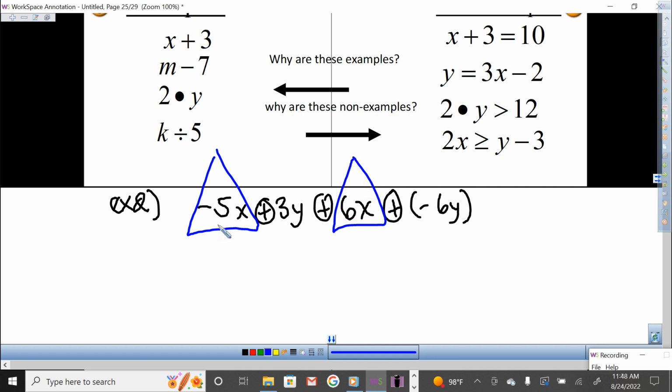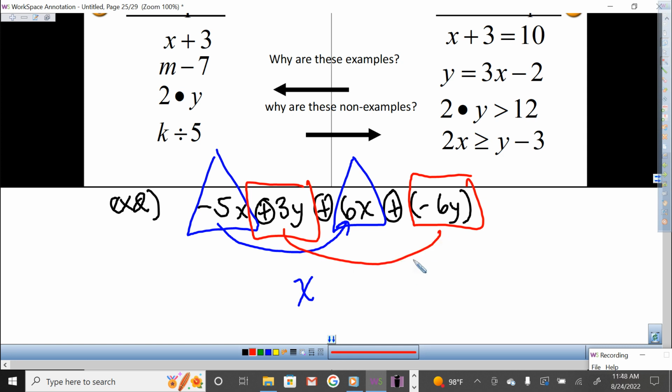Yes. These can cancel how many of these? And we're left with 1x, positive. That is correct. And this one, 3y and negative 6y. These cancel 3 of those, and we're left with negative 3y. And that's how you're going to do your homework.